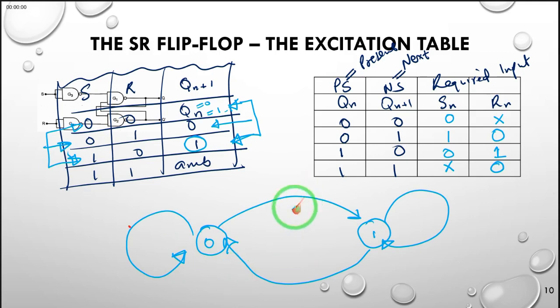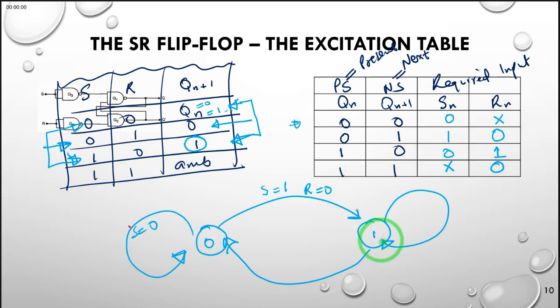And then we ask ourselves, what do we require for us to move from 0 to 0? We simply look at these times when we were at 0 and we remain at 0, and we say that the required input is that S should be 0, and we don't care what R is. When we don't care, we don't even write it here. For us to move from 0 to 1, we require S to be 1 and R to be 0.